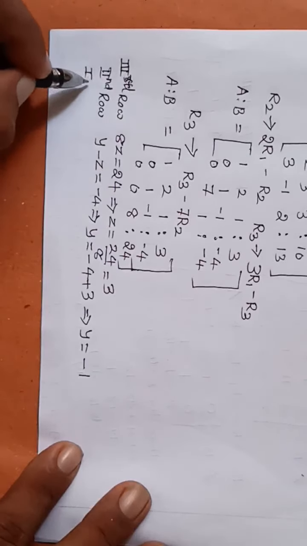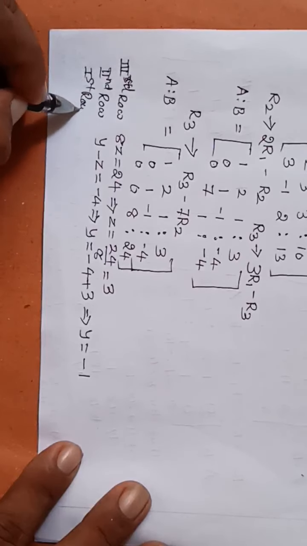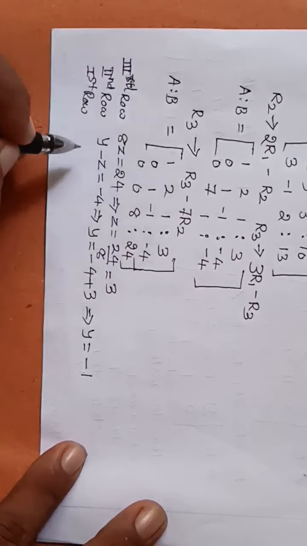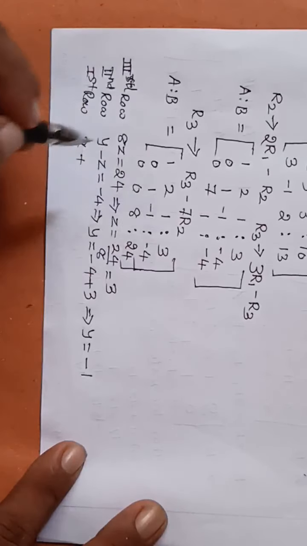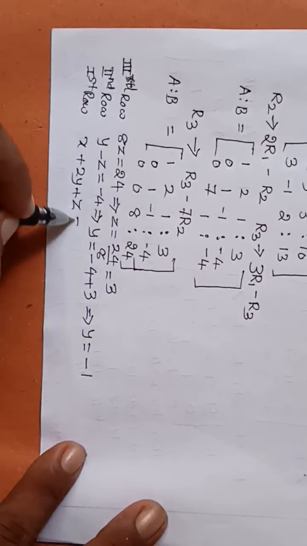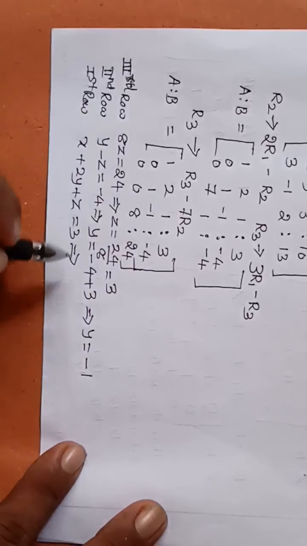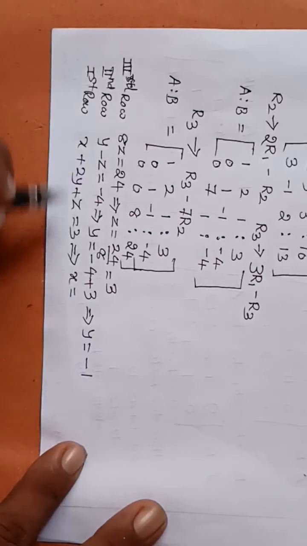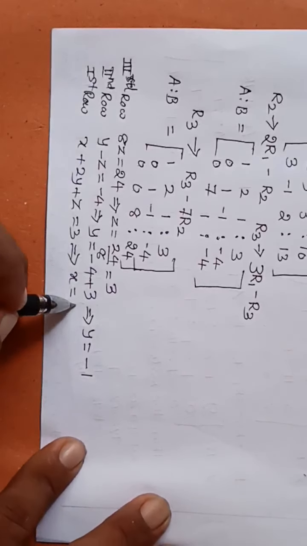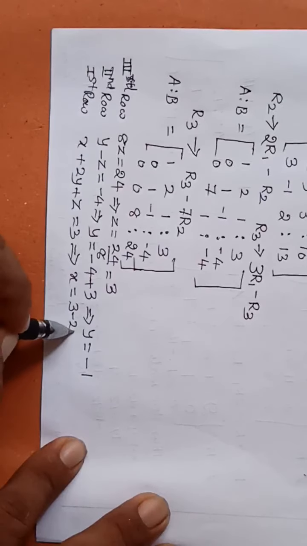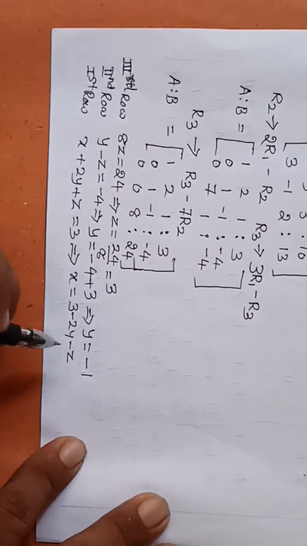Next, from the first row, x plus 2y plus z is equal to 3. This implies x is equal to 3, shifting, minus 2y minus z.